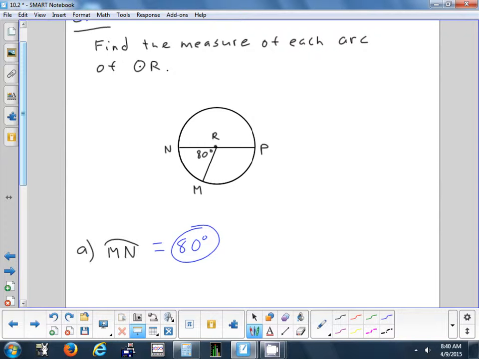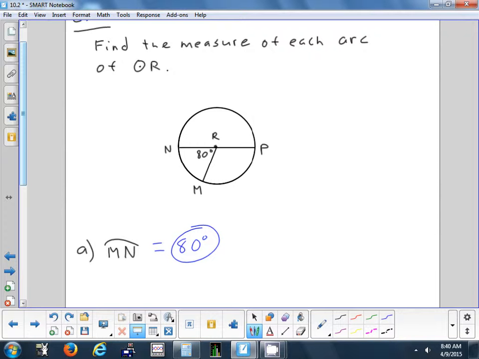We have mid-segments for triangles. Okay, we talked about that term with triangles. But what's the term you'd use to describe PN here? Diameter. Okay, that's a diameter. You could also say it's a chord, but you could be even more specific and say it's a chord that goes through the center. Okay, it's a diameter.